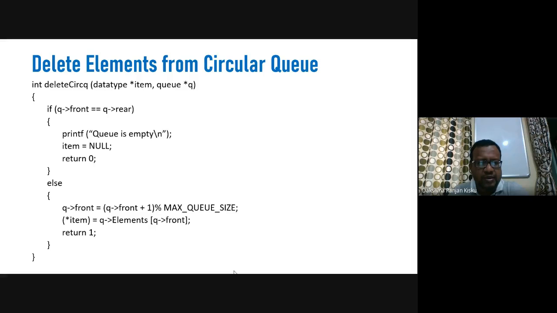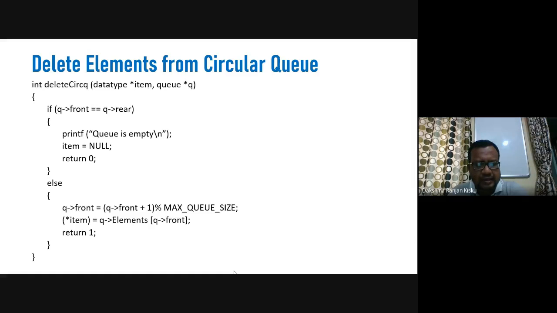Otherwise, if q front is not equal to q rear, then we refer to the element which is to be deleted from the circular queue. That means q front equals q front plus 1 modulo max q size. So this statement will refer to the element which is to be deleted from the circular queue.